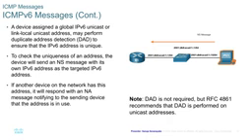To check the uniqueness of an address, the device will send an NS message with its own IPv6 address as the targeted IPv6 address. If another device on the network has this address, it will respond with an NA message notifying the sending device that the address is in use.